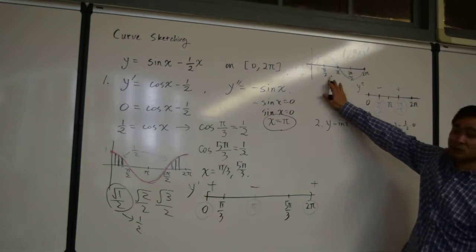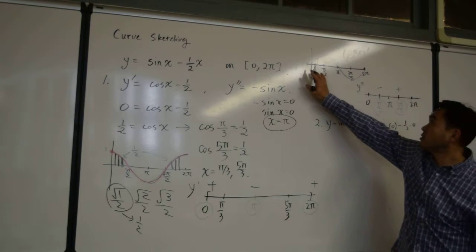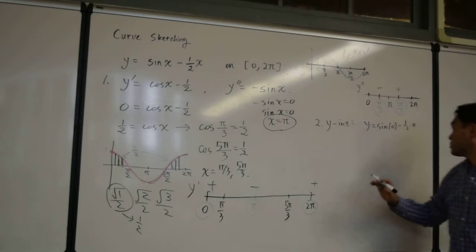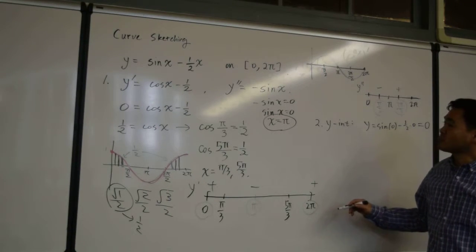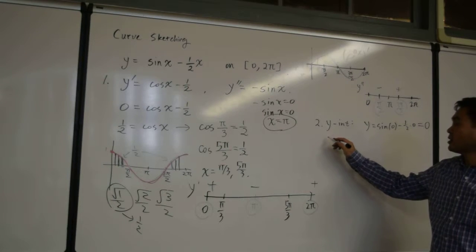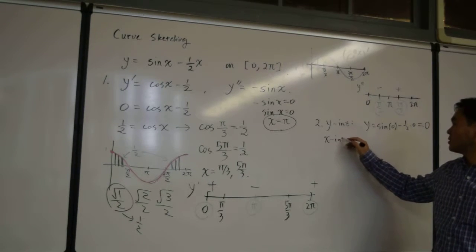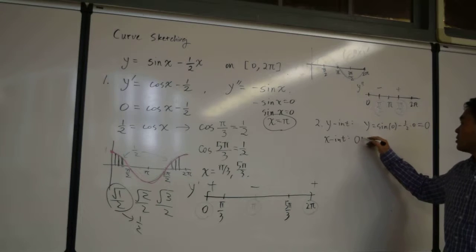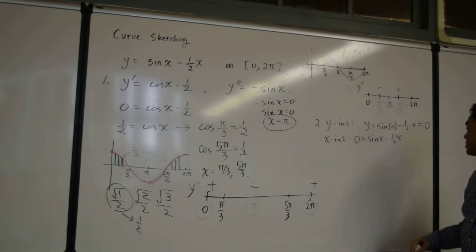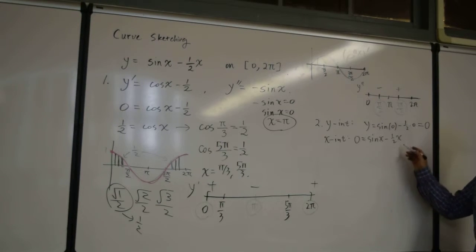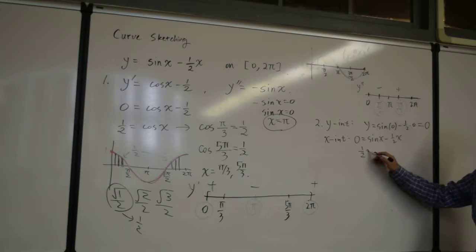Sine of 0 is, according to this graph, 0. Right? Sine of 0 is 0, and if you plug in 0, it's going to be 0. For the x-intercept, you have to say 0 equals sine x minus 1/2 x. And I'm not so sure if I can solve this.